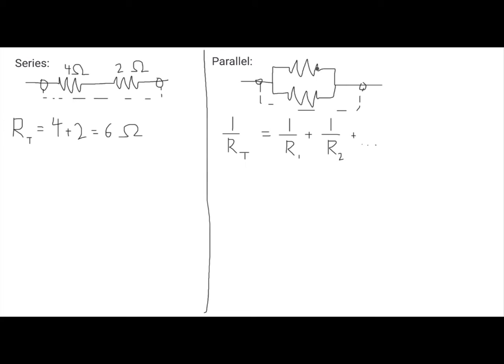So for example, if this resistor here had a resistance of 2 ohms, and the bottom one had a resistance also of 2 ohms, we can plug these values in the equation and get a result.